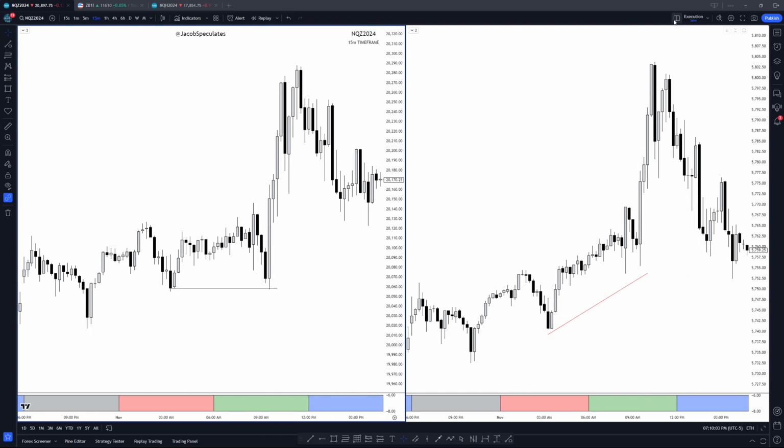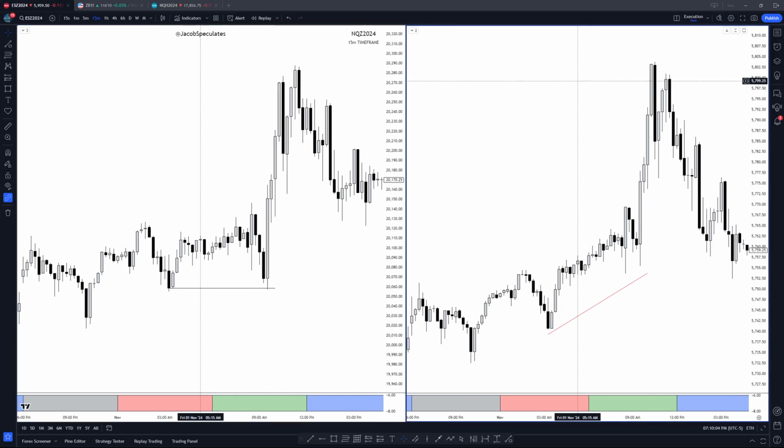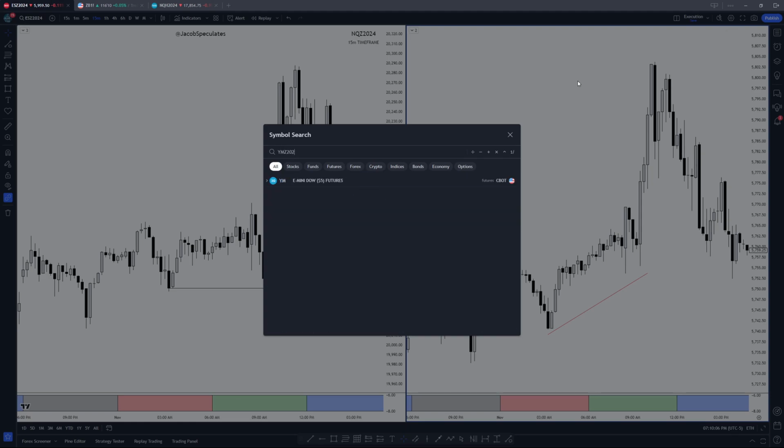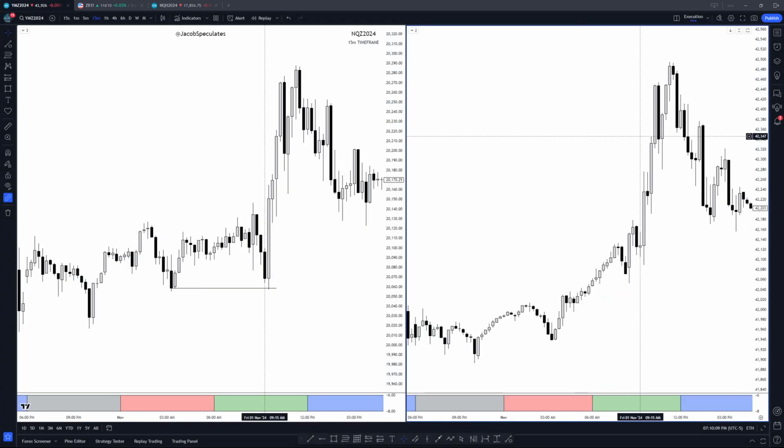And if we look at the Dow, this would be our PSP, in this case a precision candle. So precision swing point or precision candle.